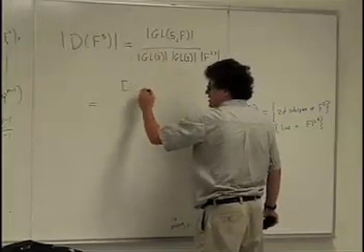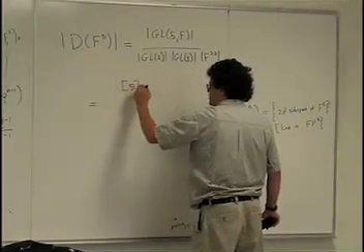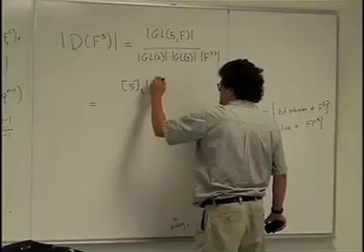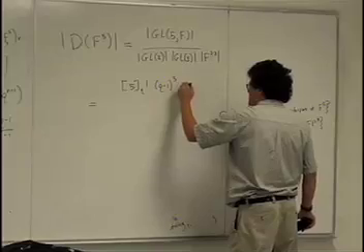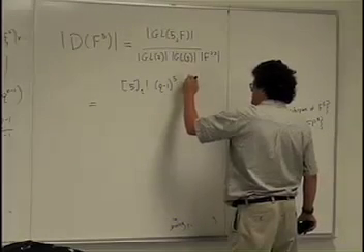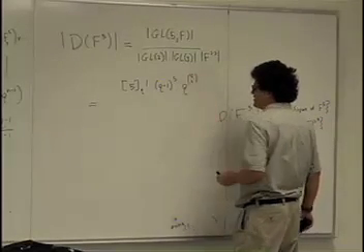So the cardinality of GL5 is the 5 q factorial, times q minus 1 to the 5, times q to the 5 choose 2.